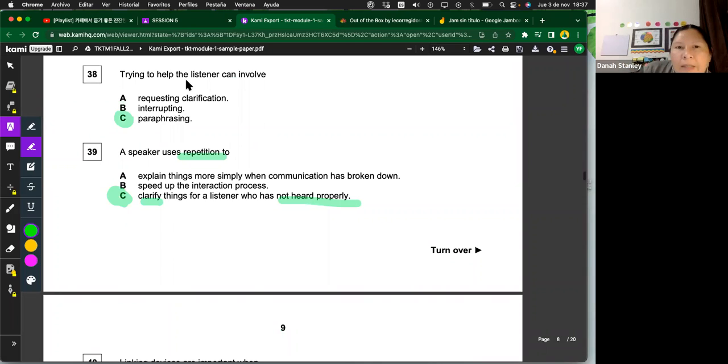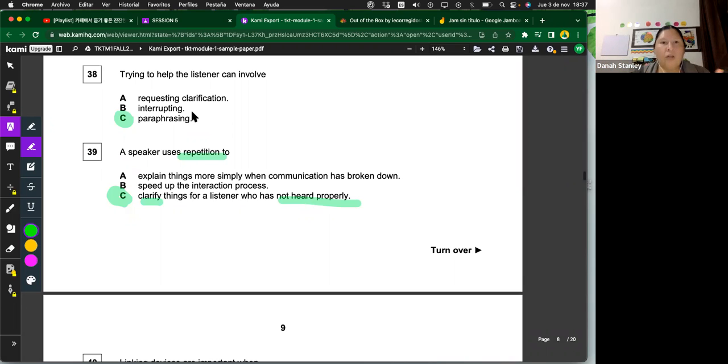Trying to help the listener can involve requesting clarification, interrupting, or paraphrasing. Asking for clarification is when you are the listener and the other person is giving you the piece of information.